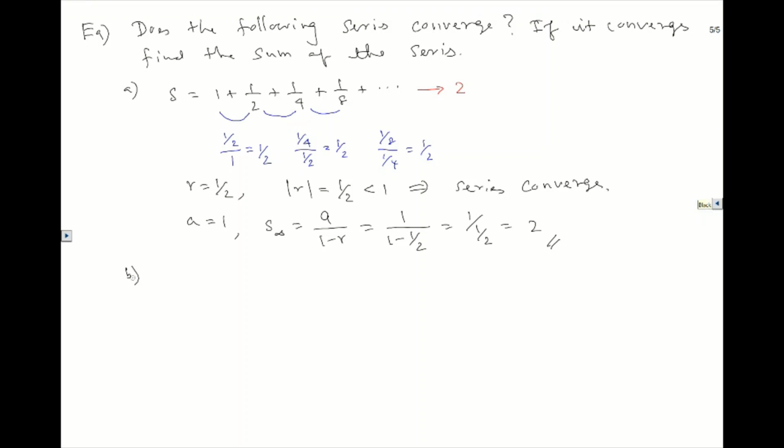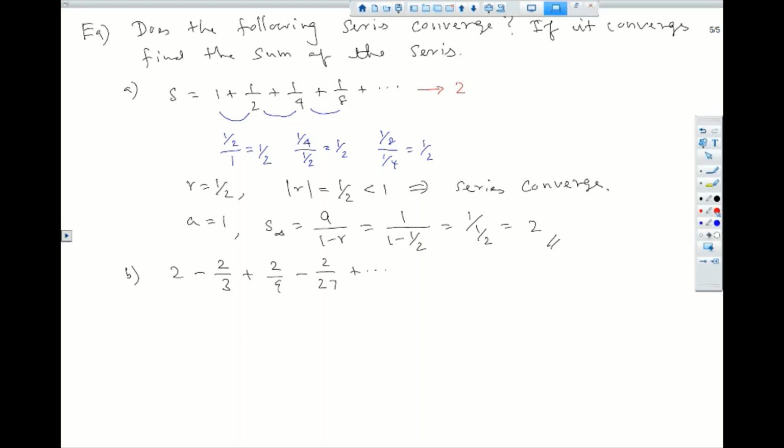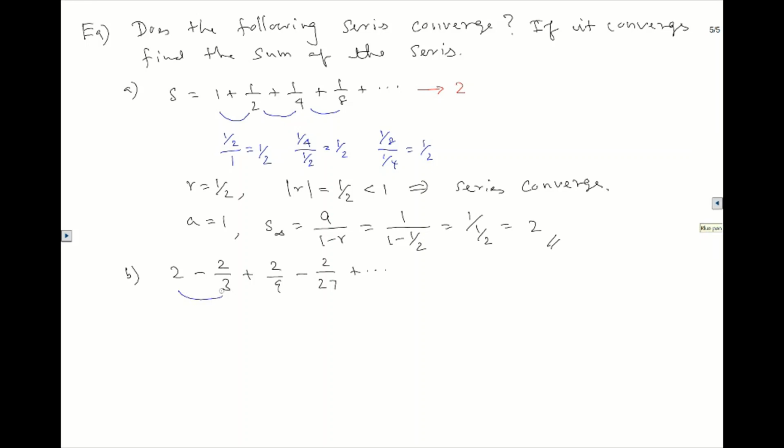B, let's say 2 minus 2/3 plus 2/9 minus 2 over 27, like that. We do the same thing as before: we find the ratio by dividing these terms, because we want to make sure that it is a geometric series. How do we check? We want to figure out that it is of the form a, ar, ar squared, that type.